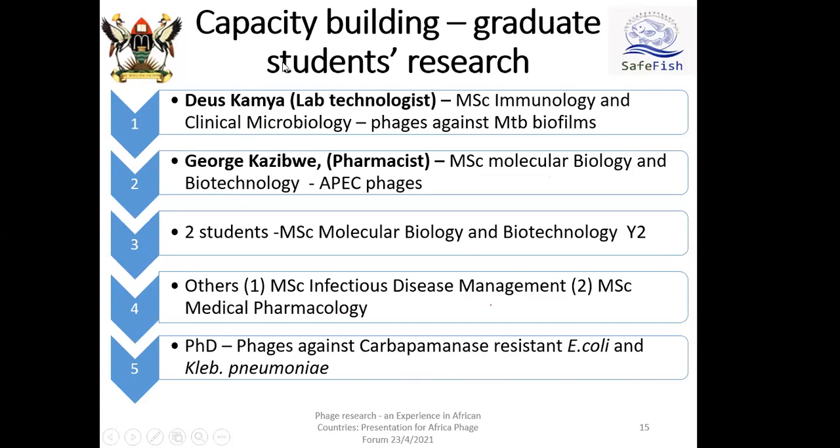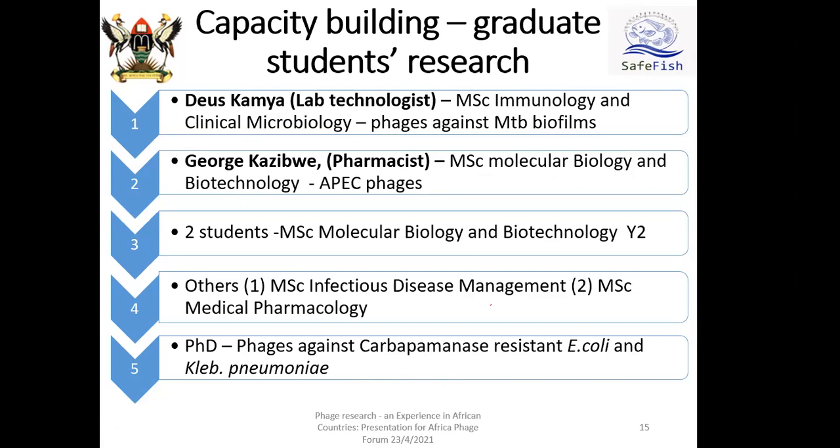So in form of capacity building, I've mentioned Deus Kamia, the lab technologist. He will be graduating this May with an MS in immunology and clinical microbiology. He's the one who looked at the phages against M3B biofilms. Then George Kaziwe did pharmacy at undergraduate, then joined the molecular biology and biotechnology master's program.